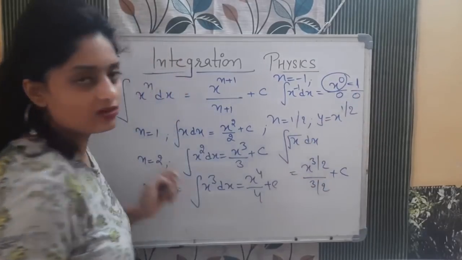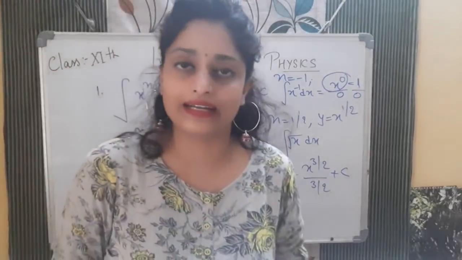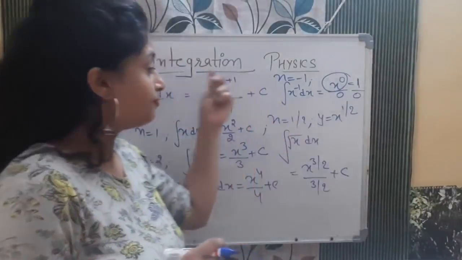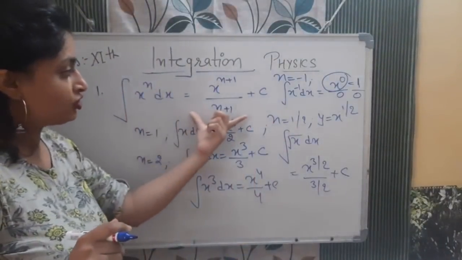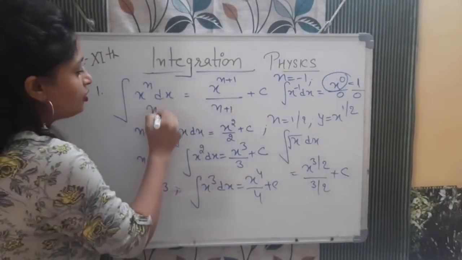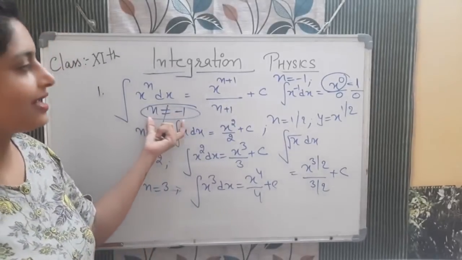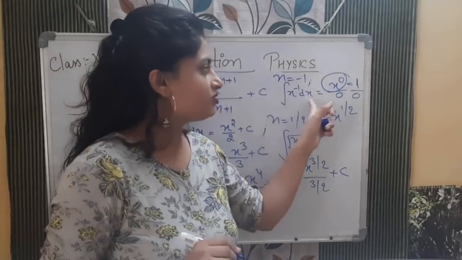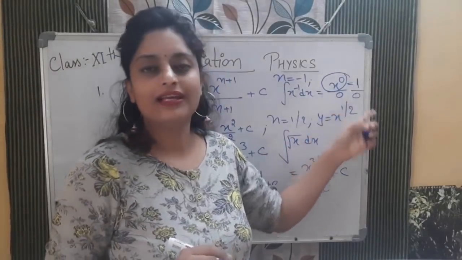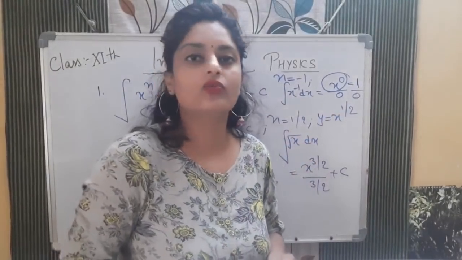Anything divided by 0 is not defined in mathematics. So what is the condition here? This formula is true provided n should not be equal to minus 1. Provided n should not be equal to minus 1, because if n is equal to minus 1, what will happen? It will divide by 0, and anything divided by 0, what is that?